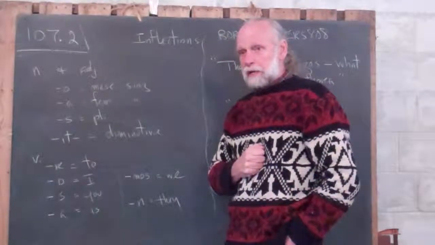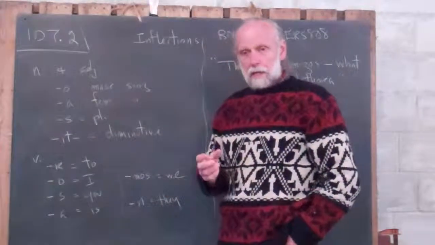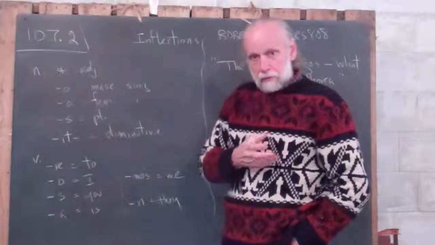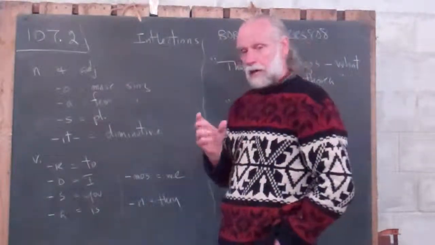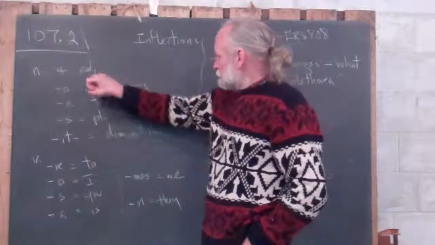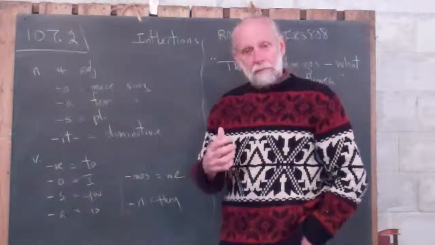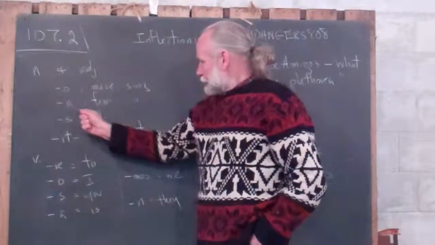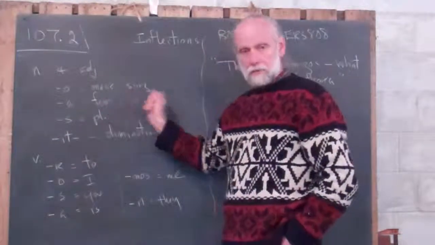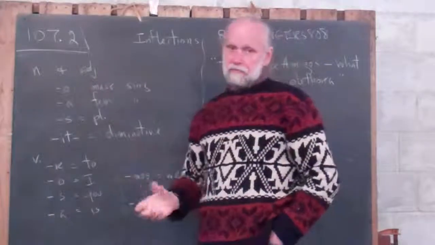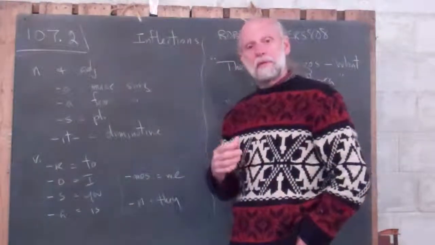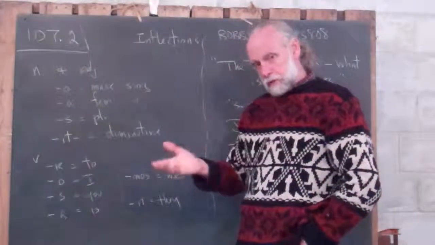If it were a good friend, it would be a bueno amigo, or an amigo bueno, and you would put an O on the end of the adjective. If the friend is a girl, it's going to be amiga, la amiga. That indicates feminine and singular. And the adjective would change. That amiga would be buena now, because the two have to agree.